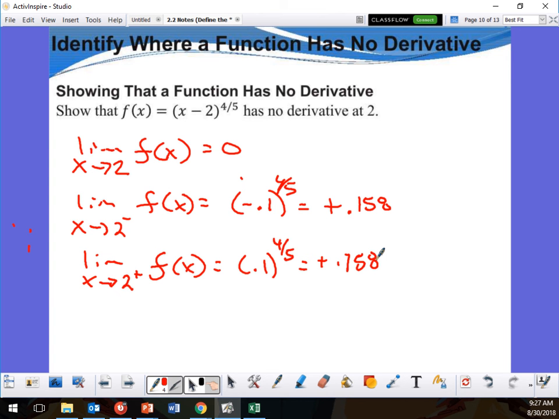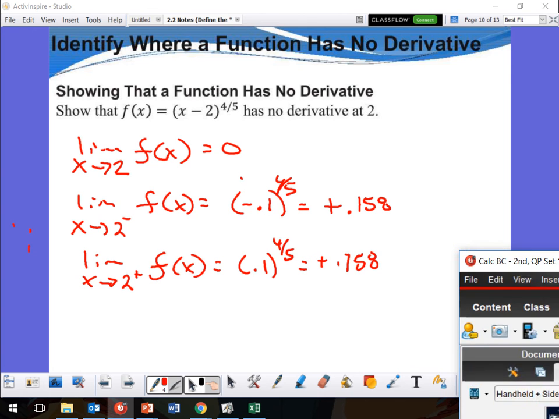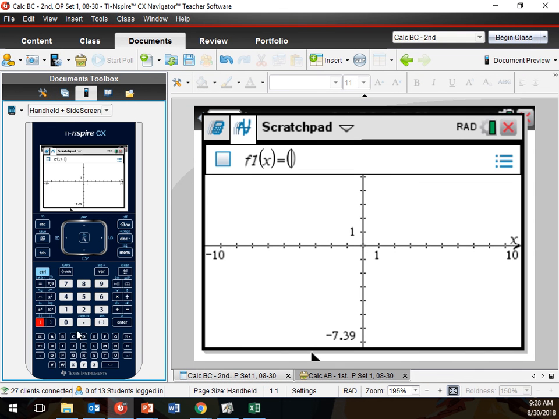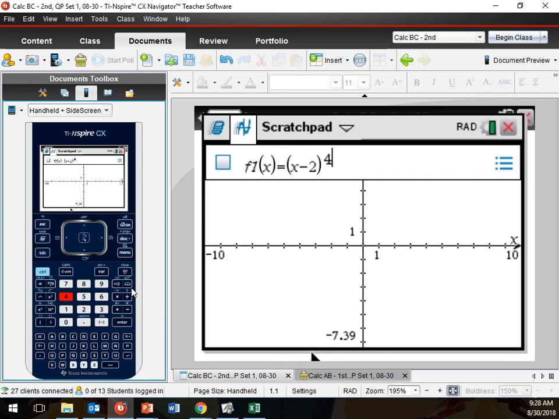Okay, so let's check the graph now. That would be the next test. So let's see what the graph would be. Parentheses x minus 2 to the 4/5.